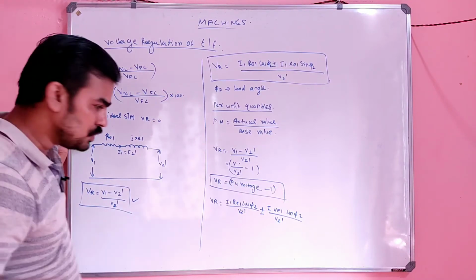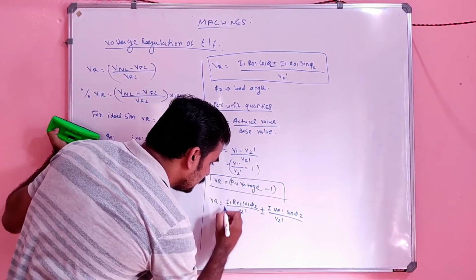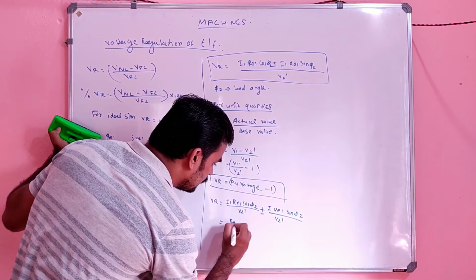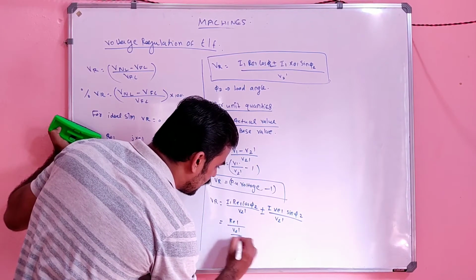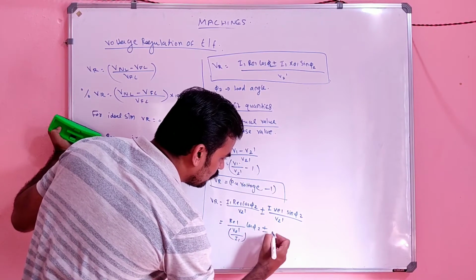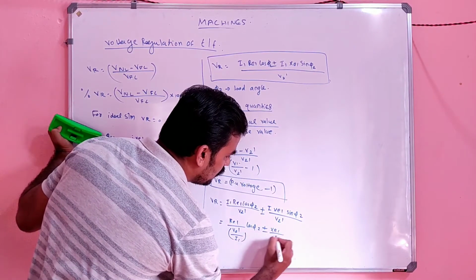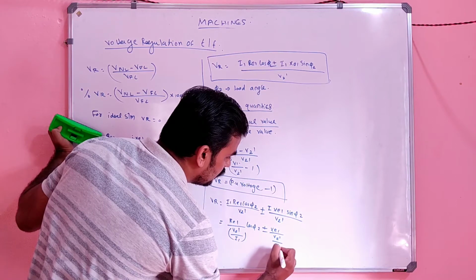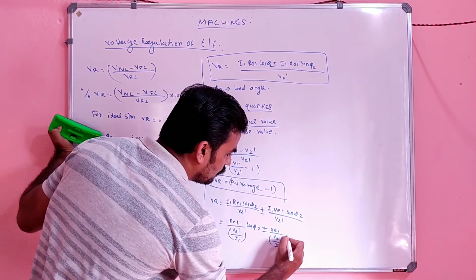Listen carefully, this is nothing but RE1 divided by V2 dash by I1, cos phi 2, plus or minus XE1 divided by V2 dash by I1, sin phi 2.